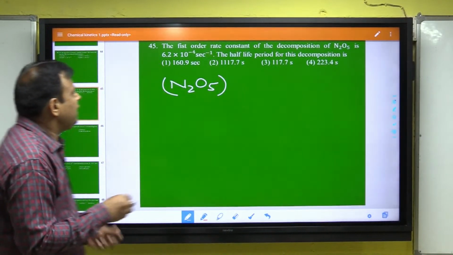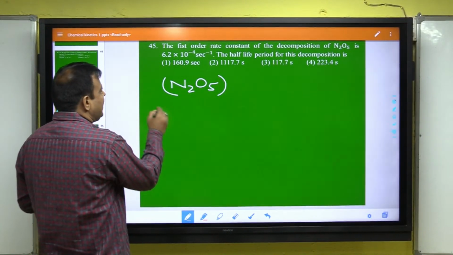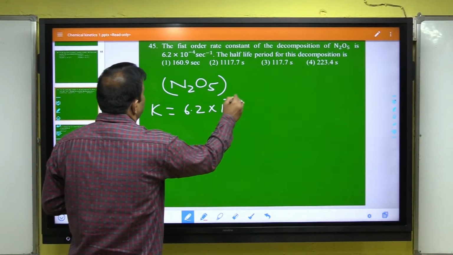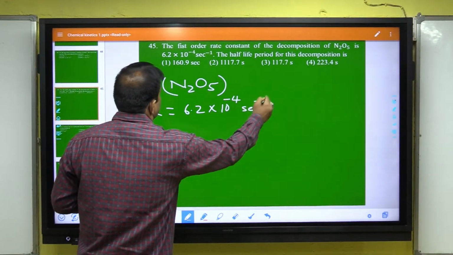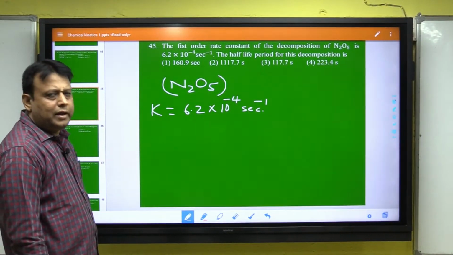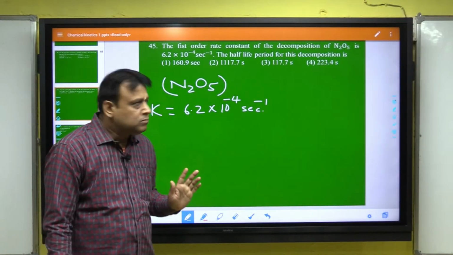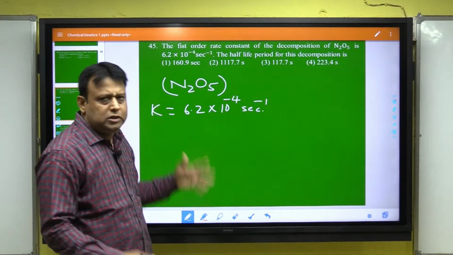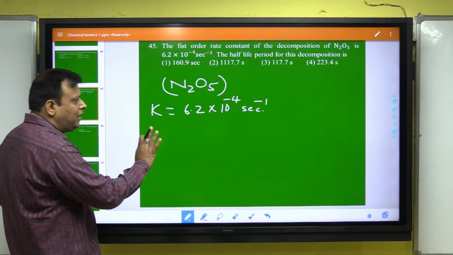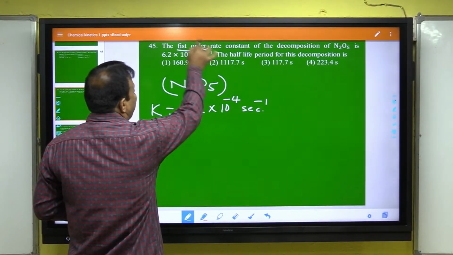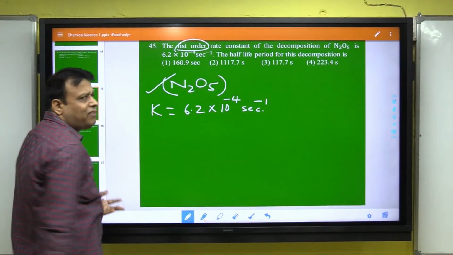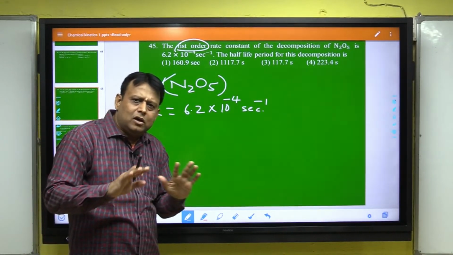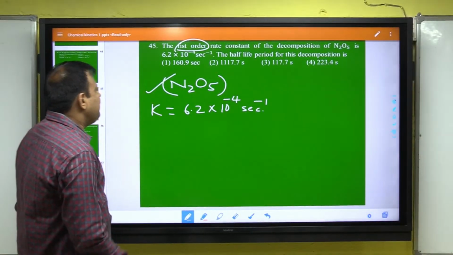In this question, it is given first order and rate constant K is equal to 6.2 into 10 to the power minus 4 second inverse. Clear? K is given. Now, half-life period for decomposition. Listen, it is first order, already given first order. We know the unit of K is time inverse. Now, what will be half-life?